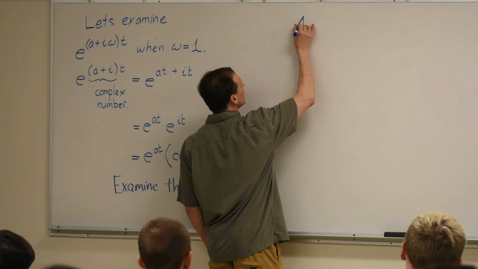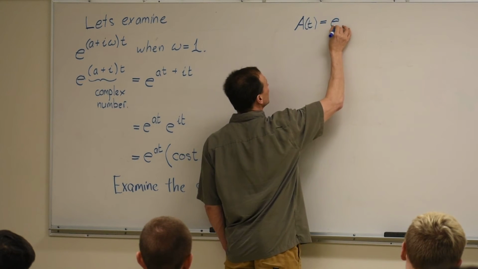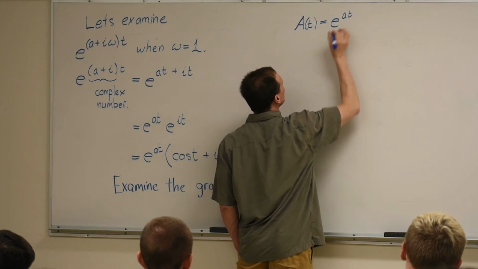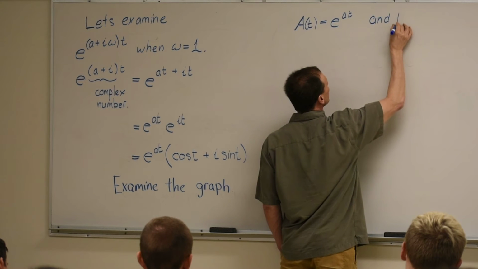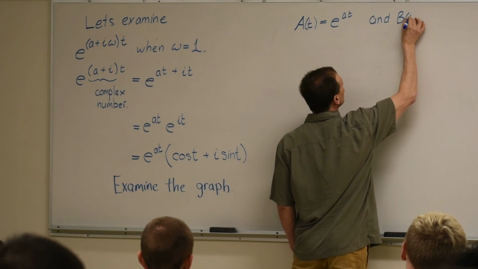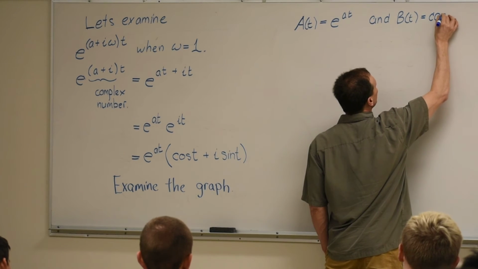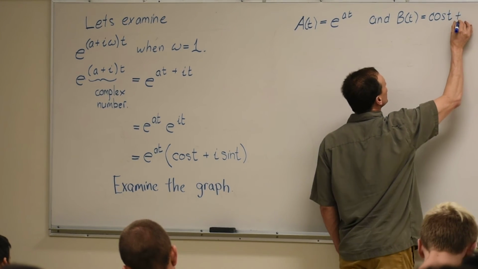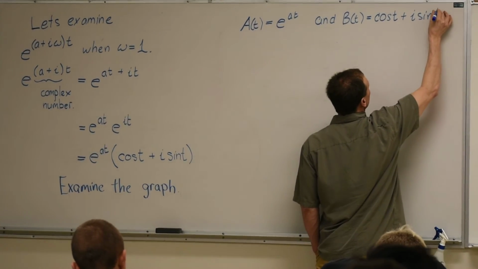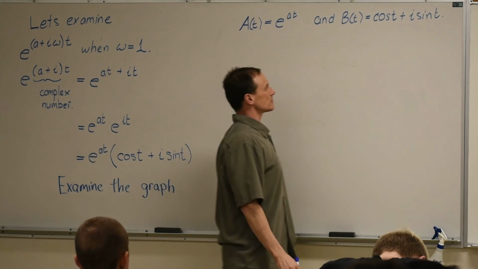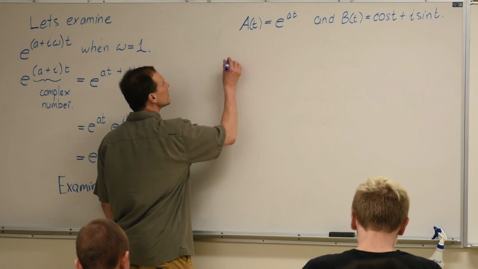So I'll call this capital A of t my function e to the at, and capital B of t is cosine t plus i sine t. Let's do this. First, graph B.